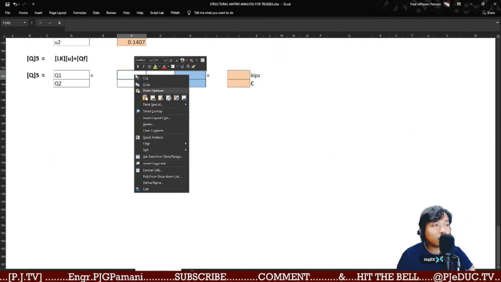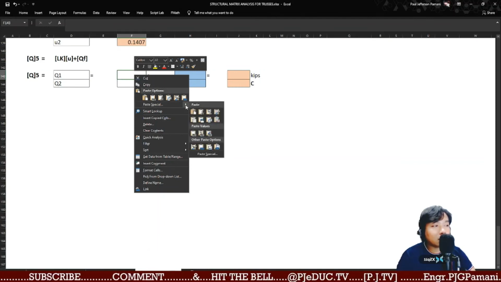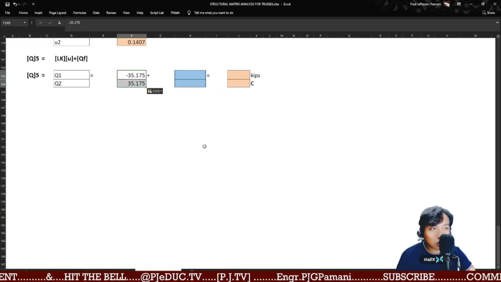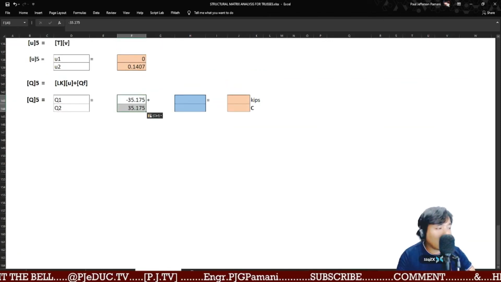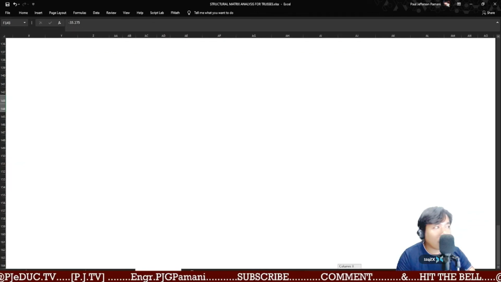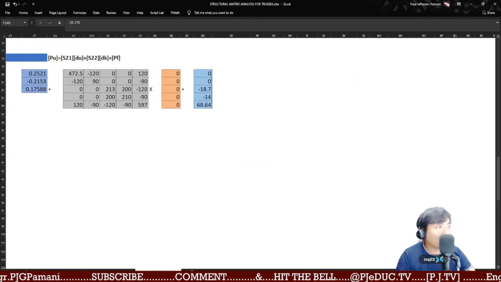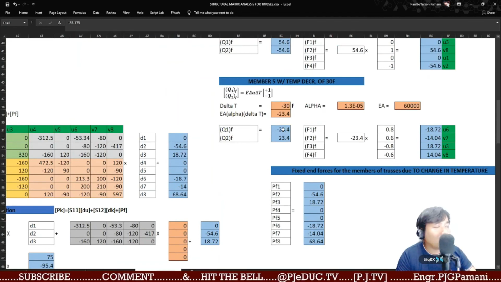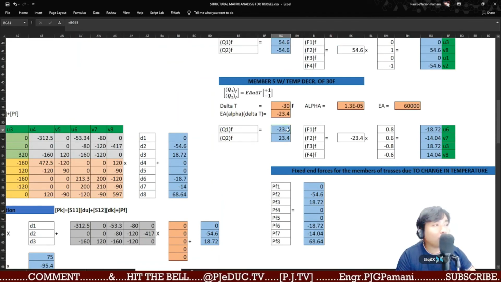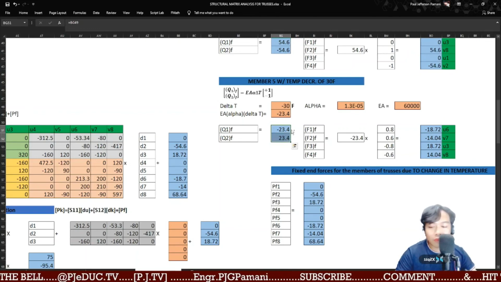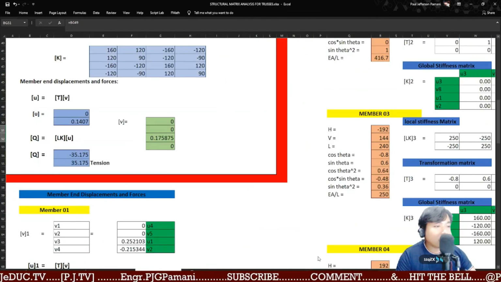And do not forget, remember that member 5 experiences a decrease in temperature. So there will be an additional force for member 5, which we have computed over here. This is it: the Q1 and Q2 of member 5 due to the decrease in temperature of negative 30 degrees Fahrenheit.